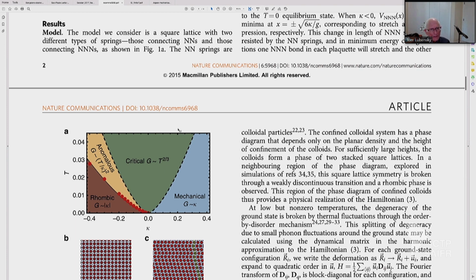Okay, can I ask something quickly? Tom, in the green region, you have a finite shear modulus even at 0 kappa. Well, okay, at 0 kappa, that's absolutely at 0 temperature, and you have nothing. Yeah, you have all of the instabilities we talked about.